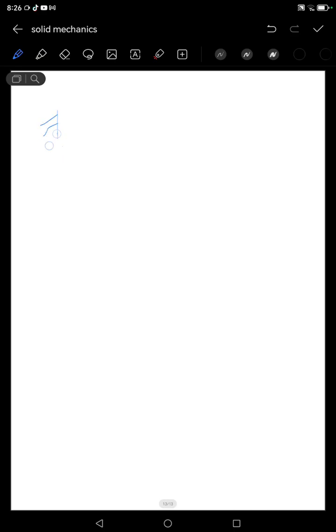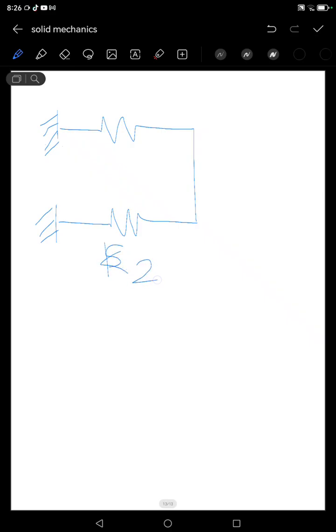If you are given something like this, you can see that these two springs are parallel. Let's say here we have K2, and here we have K1, and then another spring here, and then we have a force, let's say force P, then here is K3.